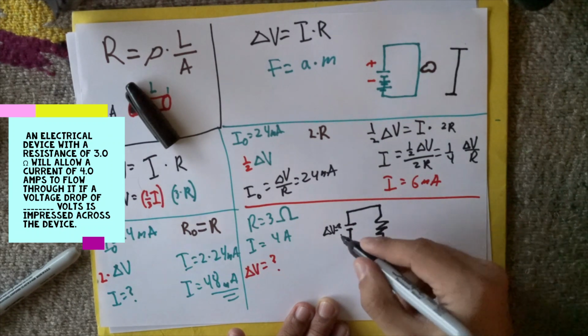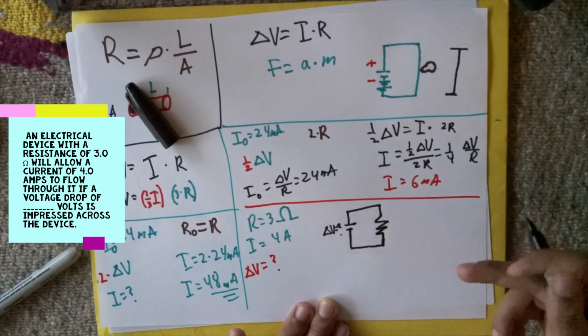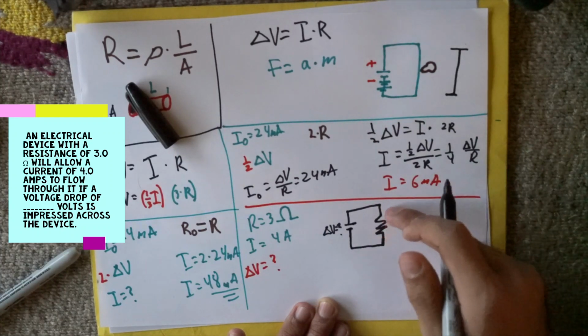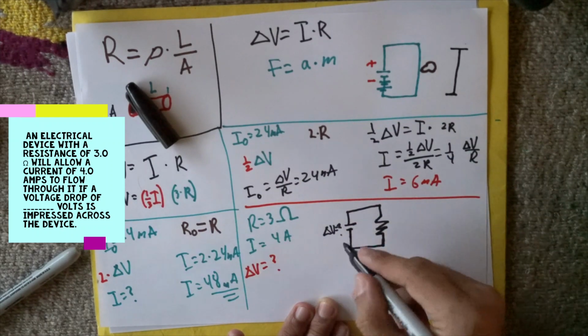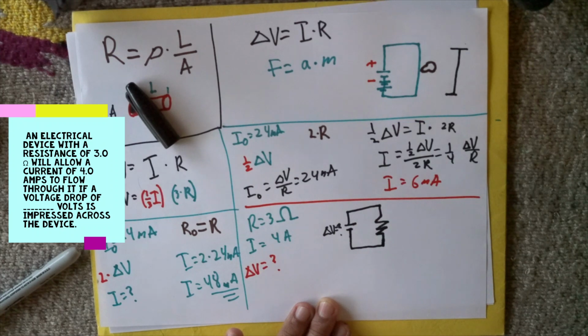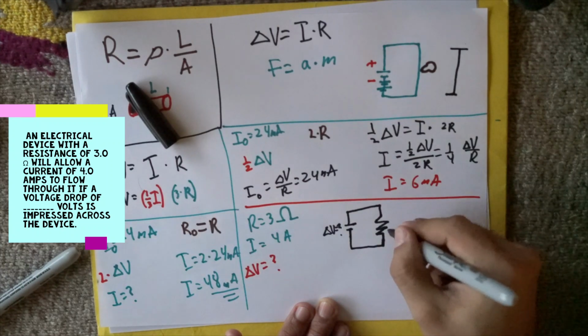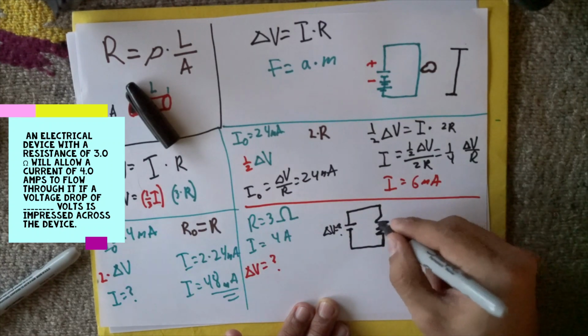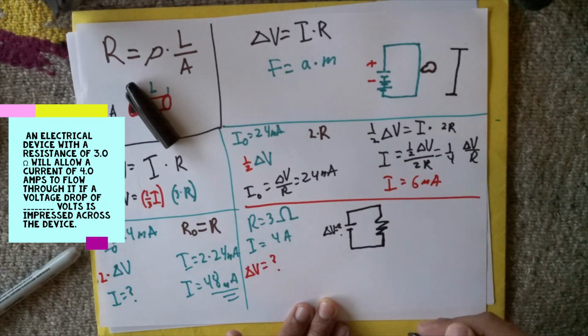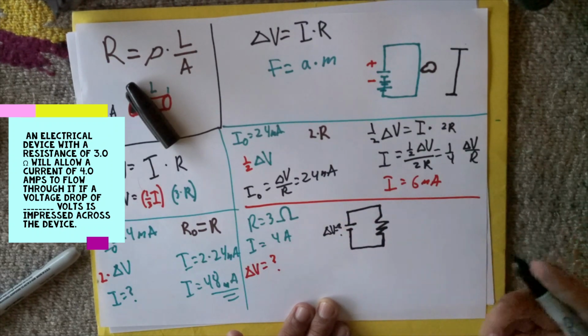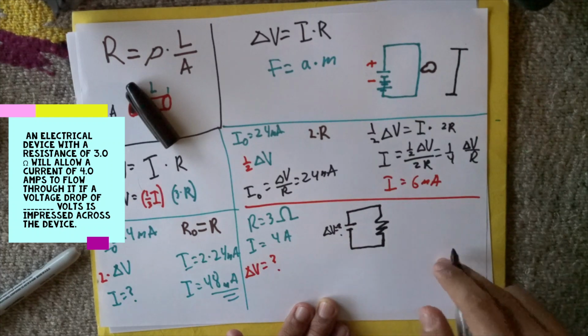So if I have one resistor, the voltage drop through this one resistor will be the same as the voltage right here at the very beginning. Later on, we will get into more complex types of circuits, but for right now, if I have one resistor, whatever the voltage drop across the resistor is, it will equal the voltage at the beginning of the source, either the battery or something else.